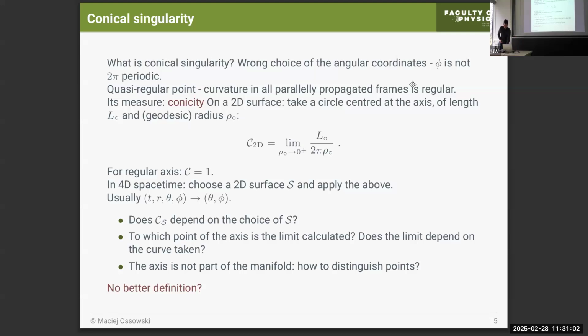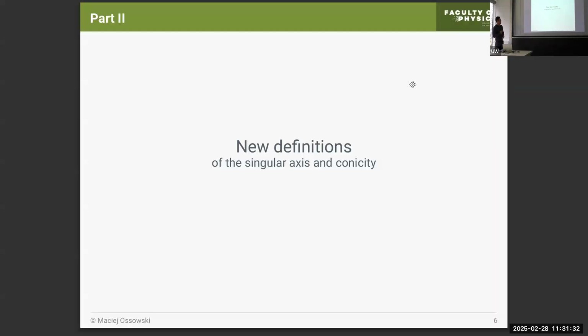This was quite surprising because conicity actually appears in some physics. So if you know of any definition of conicity other than what I will present, then please let me know. If you use conicity in your scientific life and you calculate it, then also please let me know how you do this. It would be very interesting to compare. So what I will propose is some extension of both the singular axis and of conicity.